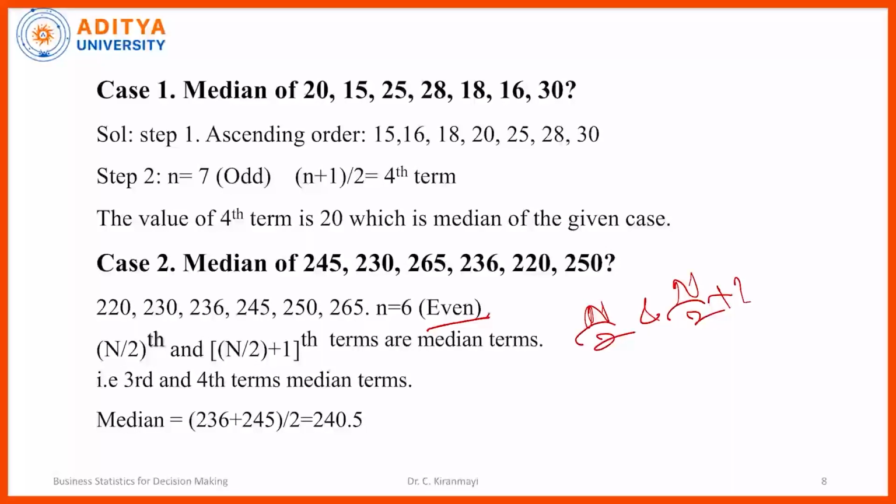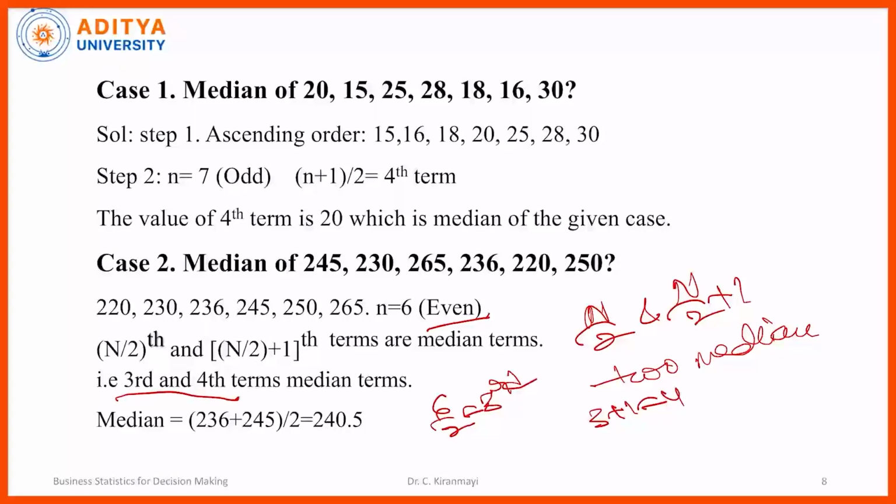Since when the number of observations is even, there exist two median terms or median values. Since the value of n is 6, 6 by 2 is equal to 3, and 3 plus 1 is 4. Therefore, the third and fourth terms are the median terms. So this is the third value and this is the fourth value. These are the two median terms.